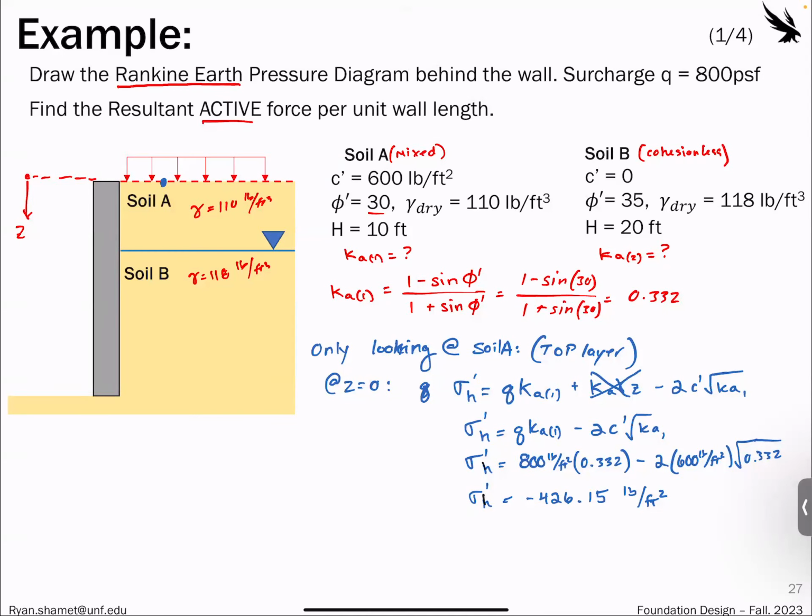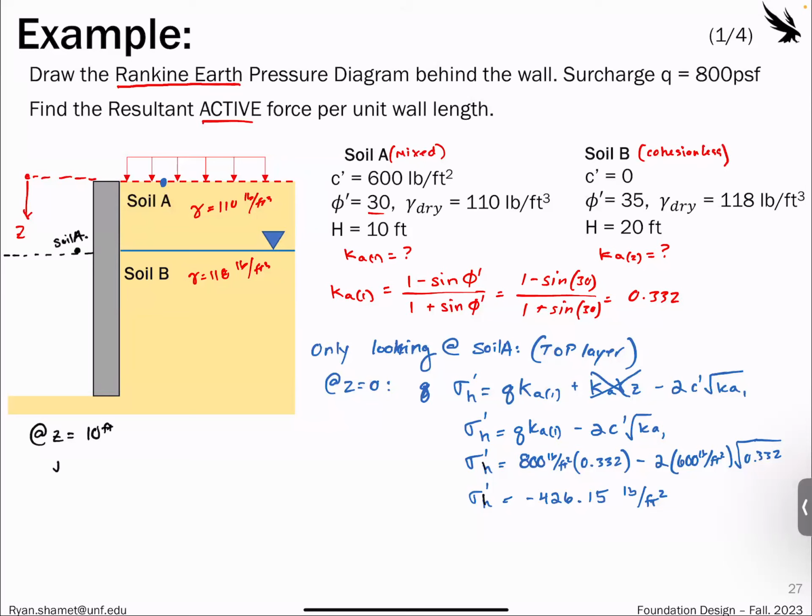Okay, so still looking at soil A, let's look now at the depth Z equal to 10 feet. What we'll see is that we are still in soil A at 10 feet, so we still have our soil A properties to work with.